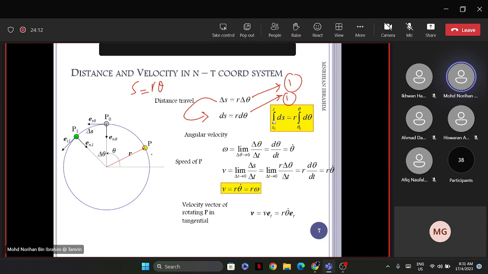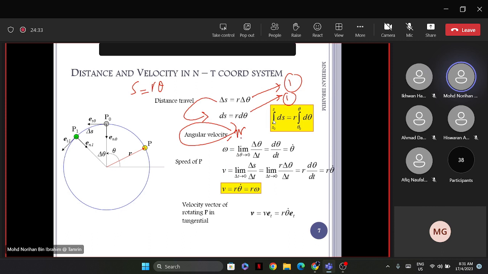And when we talk about these angular motions, let's say we have this angular velocity, which is symbolized as omega. So omega is equal to delta theta over delta t. Omega is the angular velocity.